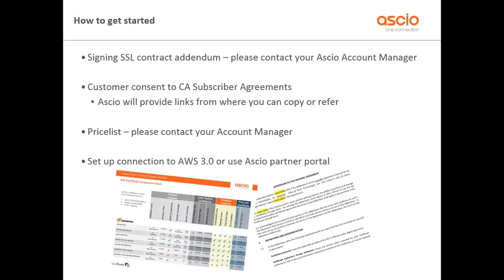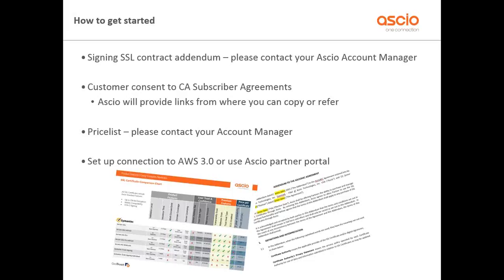You also need to know that the certificate authorities have subscriber agreements for each product. They may have different subscriber agreements for their products, and your customers need to be familiarized with those and accept them. Ascio will not send out any FOA mails or acceptance mails to your customers whatsoever.